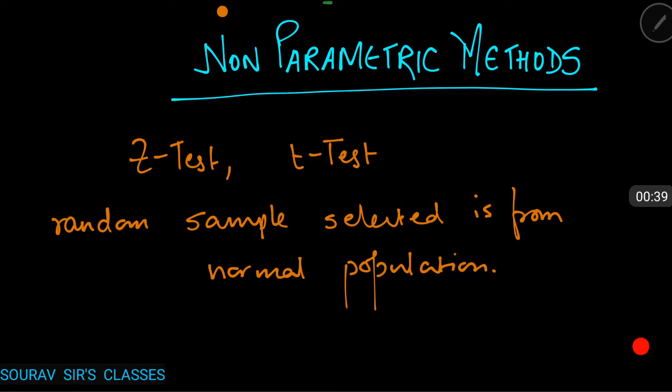We have seen that most of these tests are reasonably reliable for slight departures from normality, particularly when the sample size is large. Traditionally, these testing procedures have been known as parametric methods.